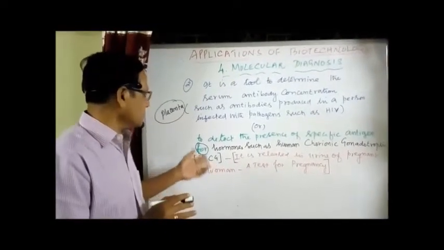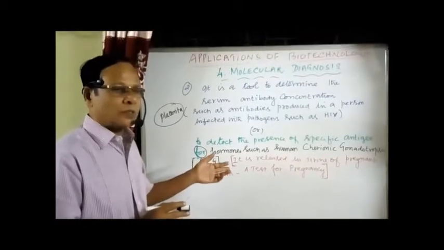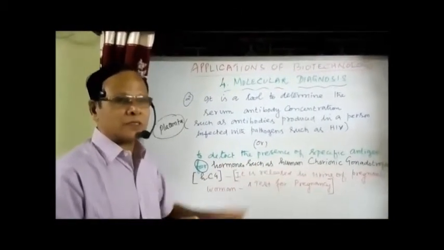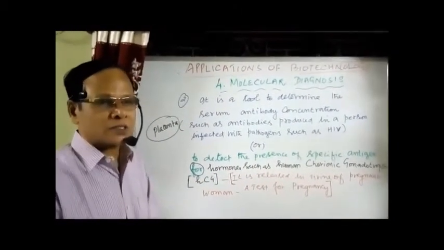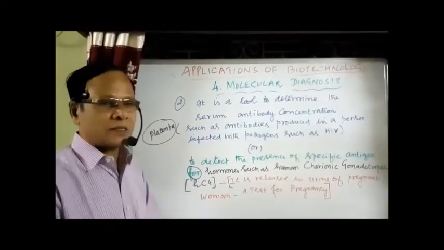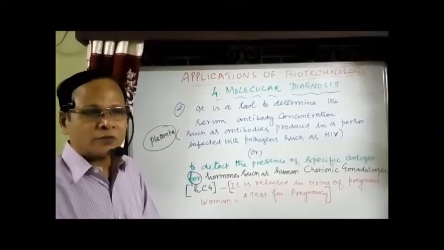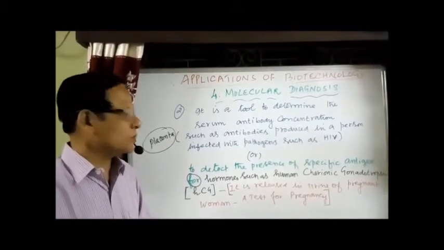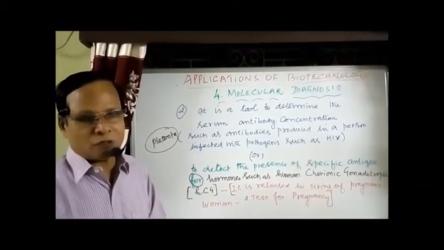Hence the presence of human chorionic gonadotropin is an indicator of pregnancy. It is normally released along with urine. By testing the urine using this molecular analysis, we can find out whether the woman is pregnant or not. It's accurate also.